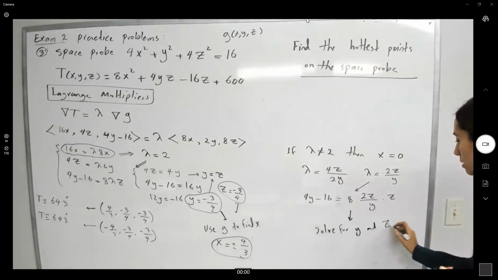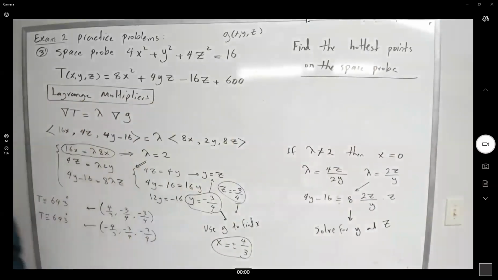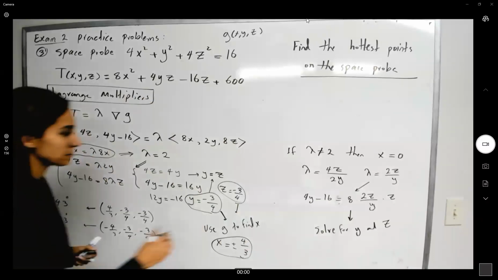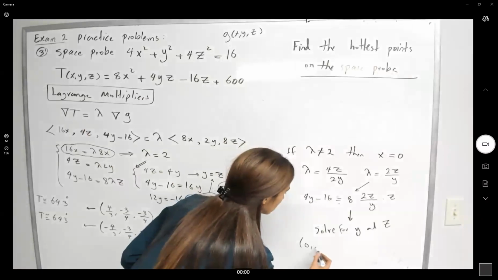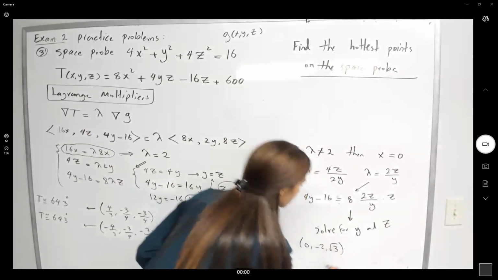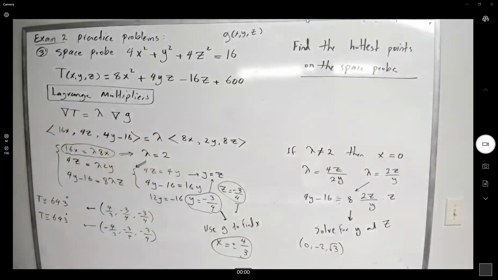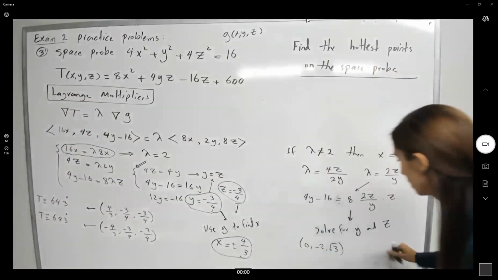Now the points that you should get are 0, 2, square root of 3, and 0, -2, negative square root of 3.